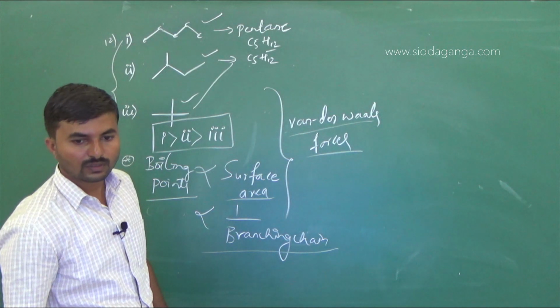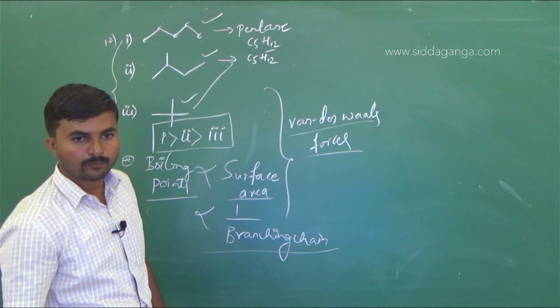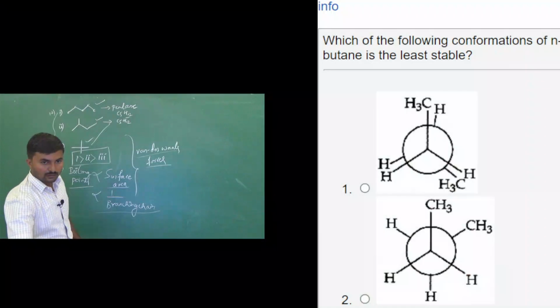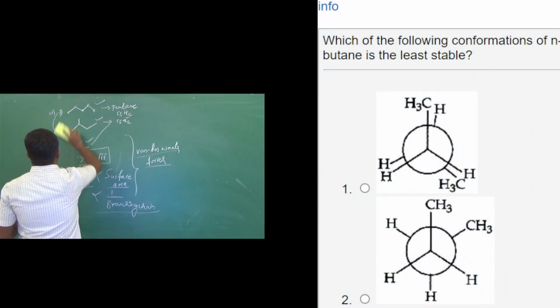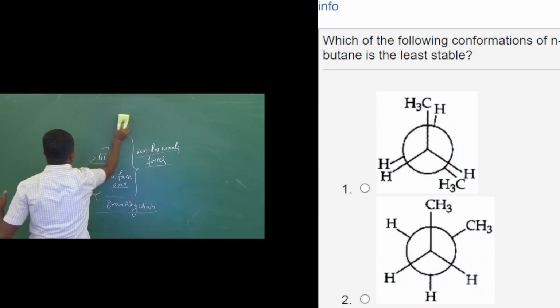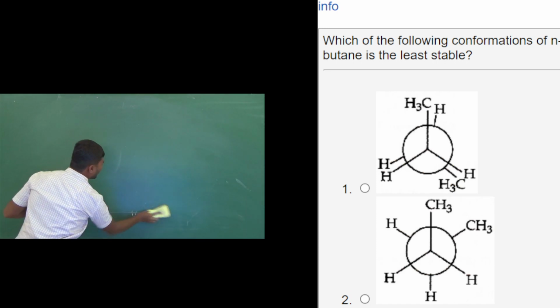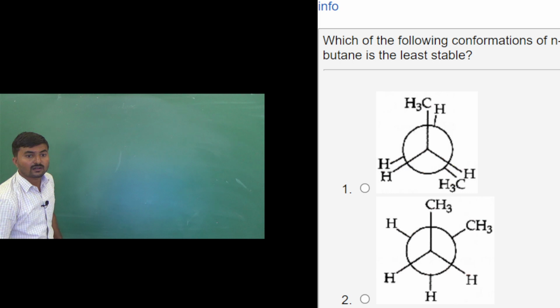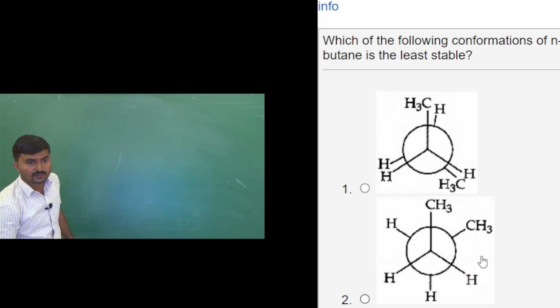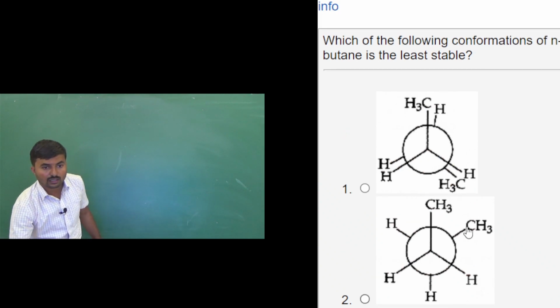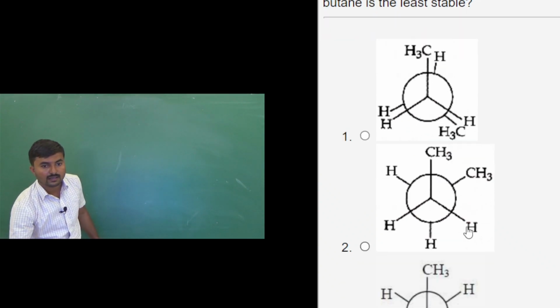So the next question is regarding the stabilities of different conformations of butane, in which we have to identify which conformer or conformation of butane is less stable.